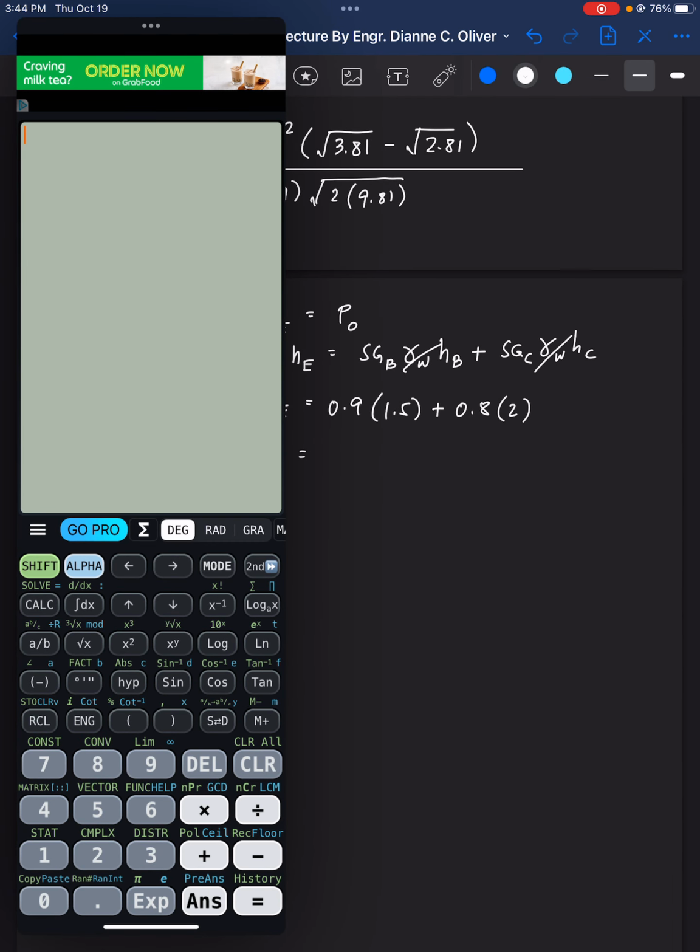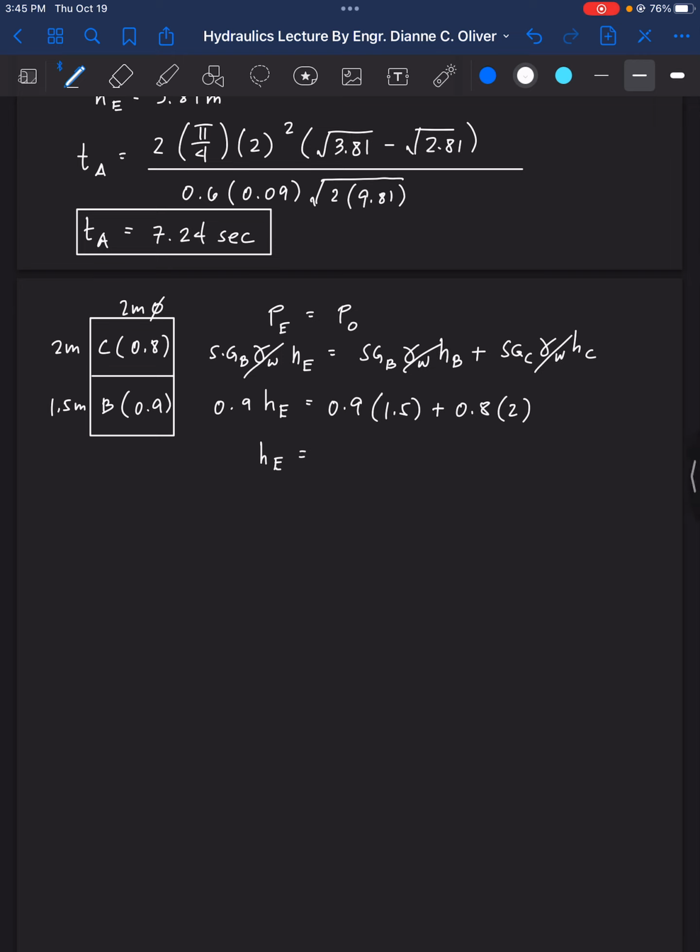That will be equal to 0.9 times 1.5 plus 0.8 times 2, all over 0.9. So 3.28 meters. That is the equivalent height of B here.